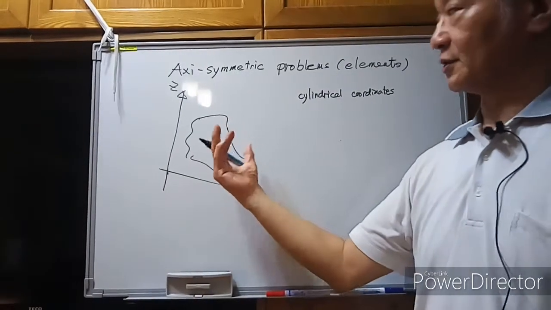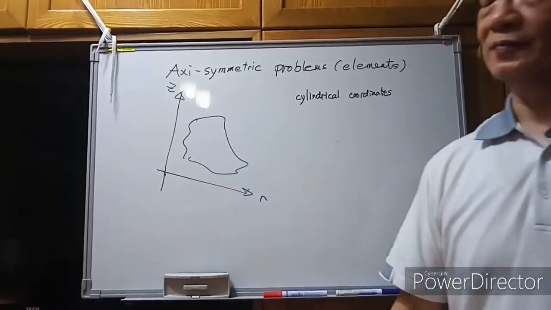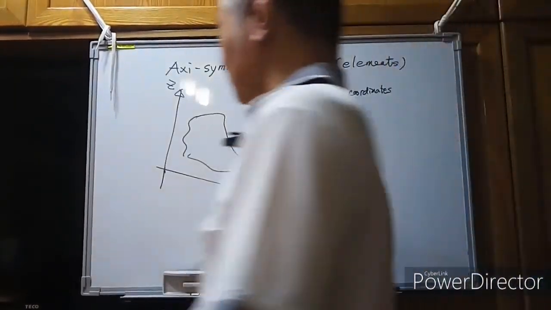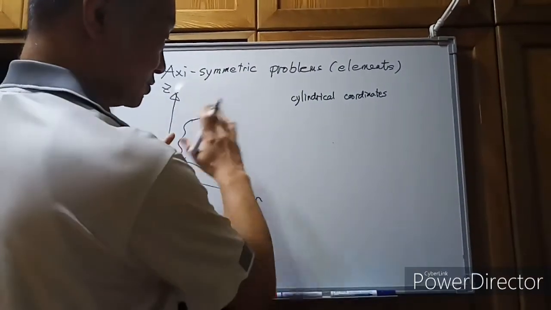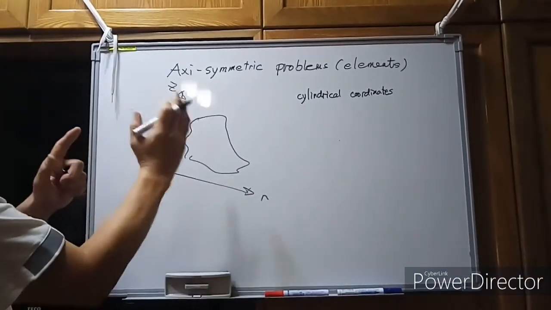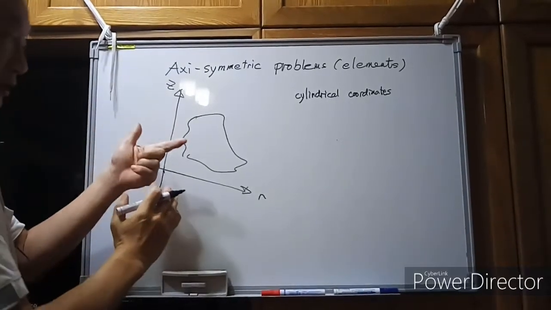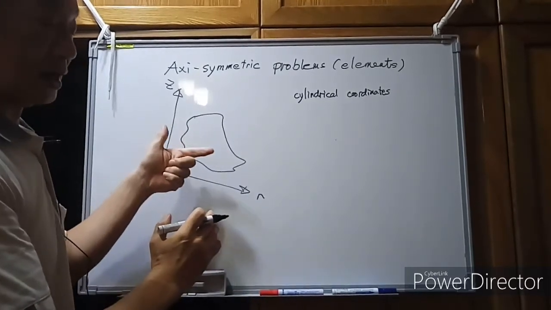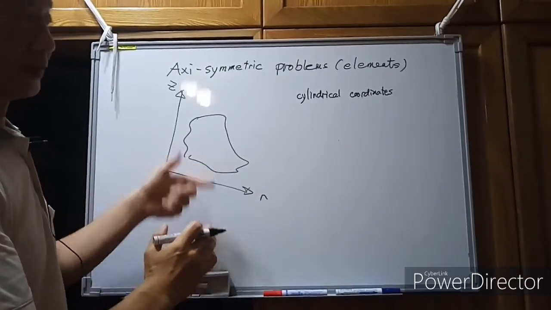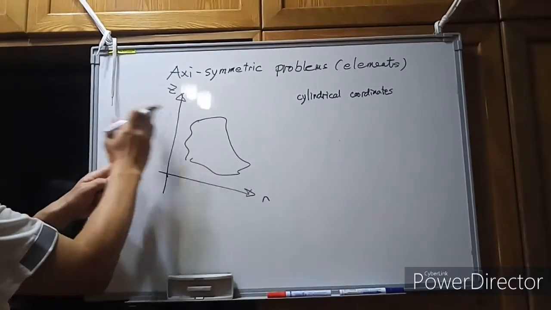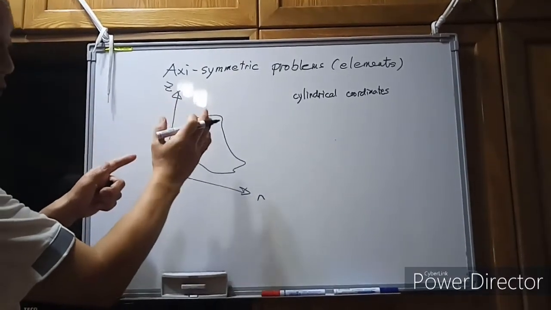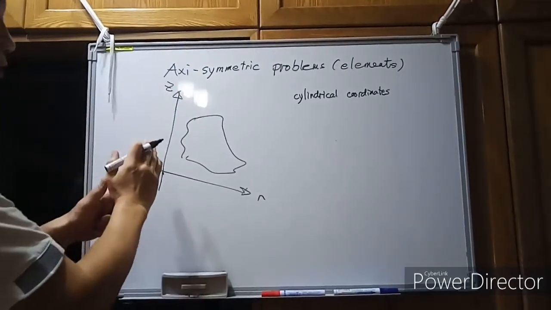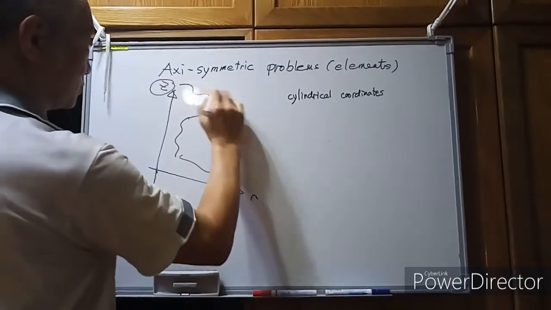Why it is a cylinder? And the z-axis, also it is a three-dimensional structure. And if we see the geometry on the RZ plane, then we will make a rotation. We will make a rotation, and this rotation is about the z-axis.